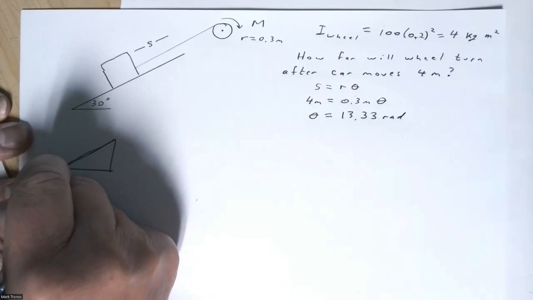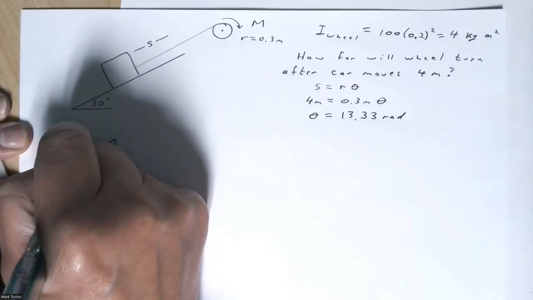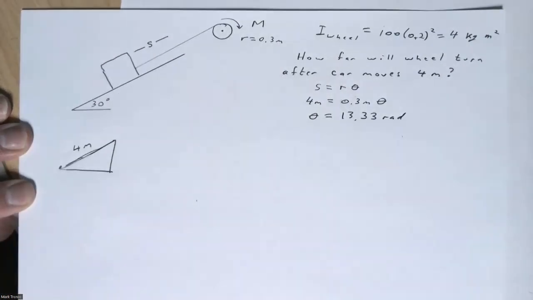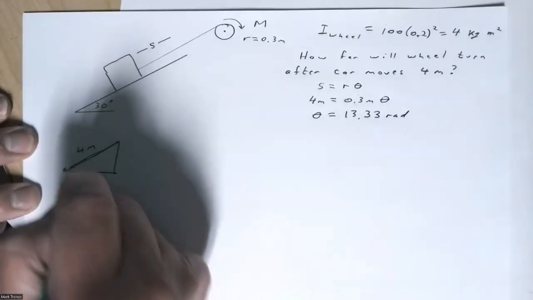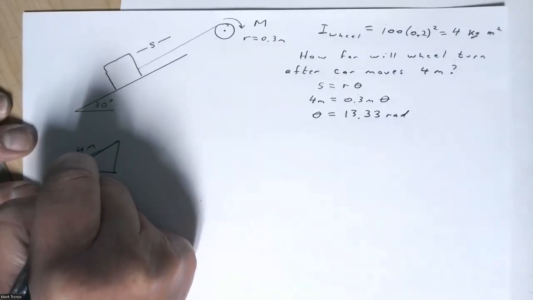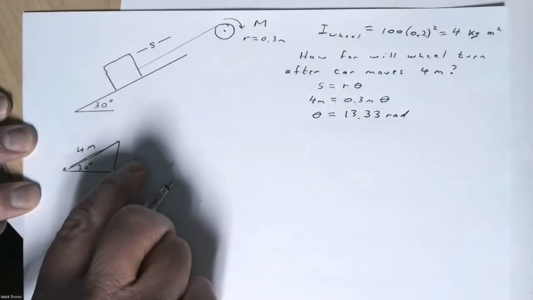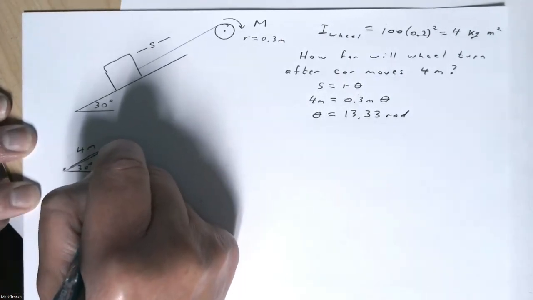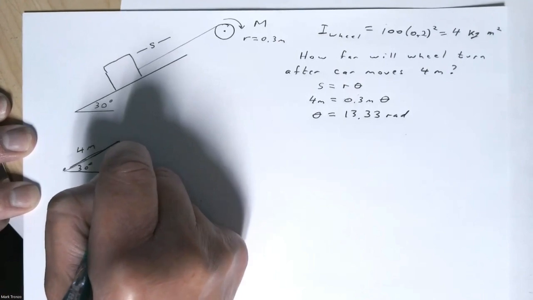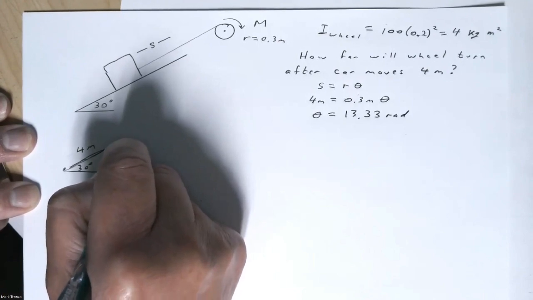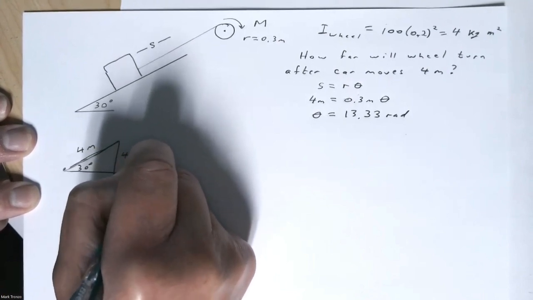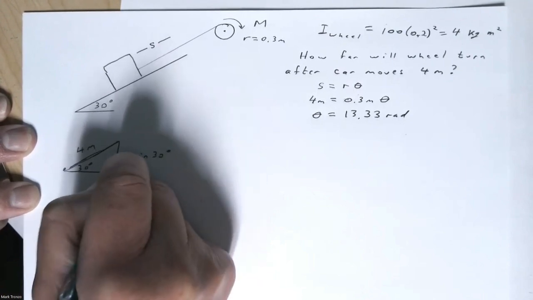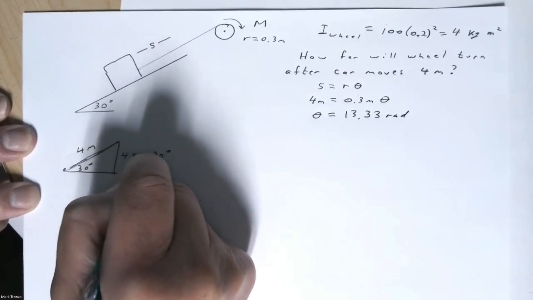And if this is 30 degrees, then this is going to be 4 sine 30, or 2 meters.